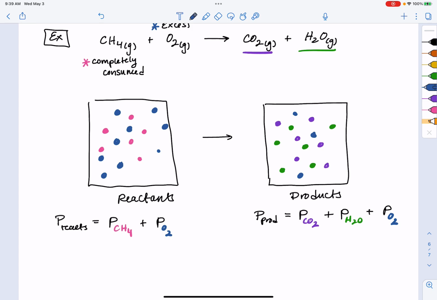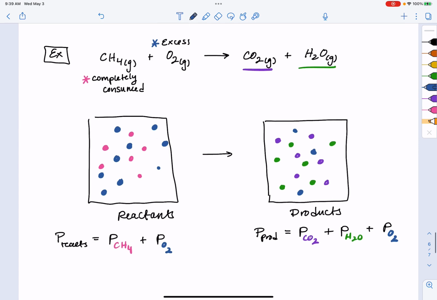Now, how these pressures change and how we would find them, well, that's coming up. That's called gas stoichiometry. That means we've got to use our ideal gas law as a means of getting moles. So stoichiometry doesn't go away. Remember, stoichiometry is looking at our mole ratios from our balanced chemical reaction and then using mole quantities gotten from a mass and molar mass or a volume and molarity to get moles.